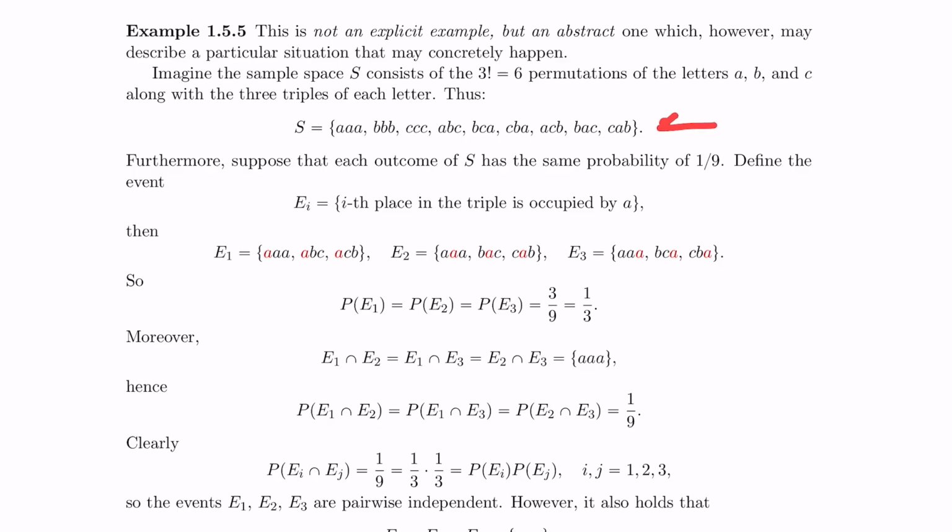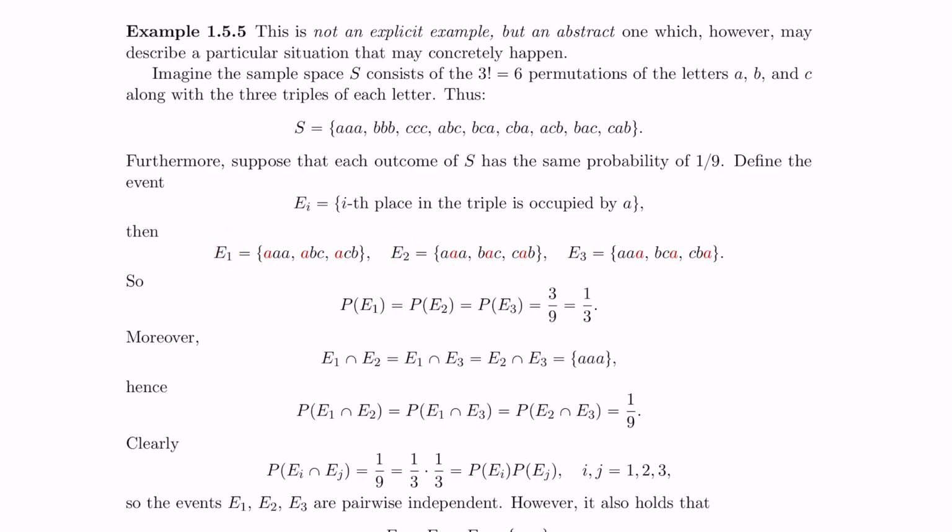So the sample space has cardinality 9, and suppose that each outcome of the sample space has the same probability of occurrence, that is 1 divided by 9. Now let's consider the event Ei, defined in this way: the ith place in the triple is occupied by the letter A. This means that we have 3 different events.